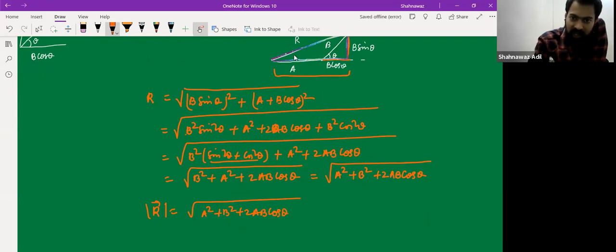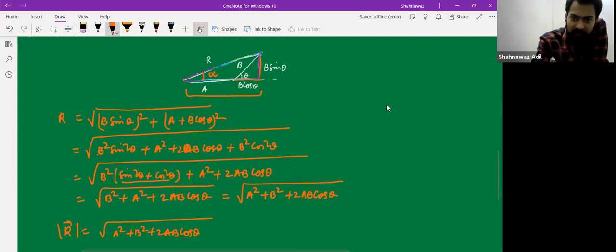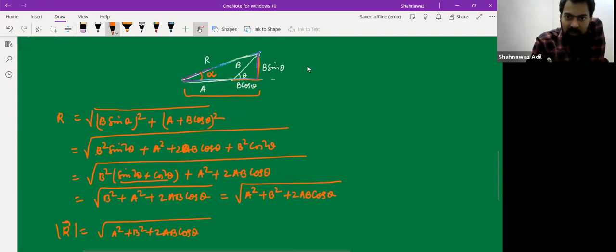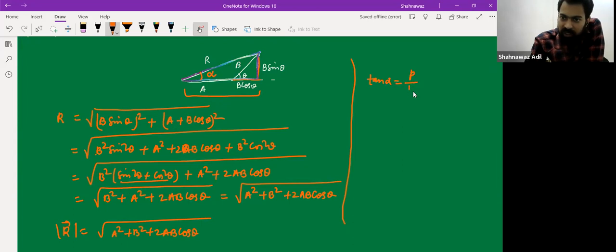And what would be this angle? Alpha, right? So this is alpha, this is perpendicular, this is base, right? So what would be tan alpha here? Your tan alpha would be perpendicular upon base, which would be perpendicular is B sine theta upon base is what?